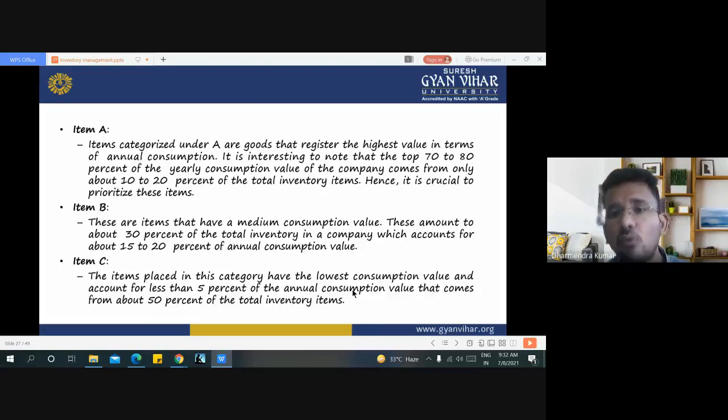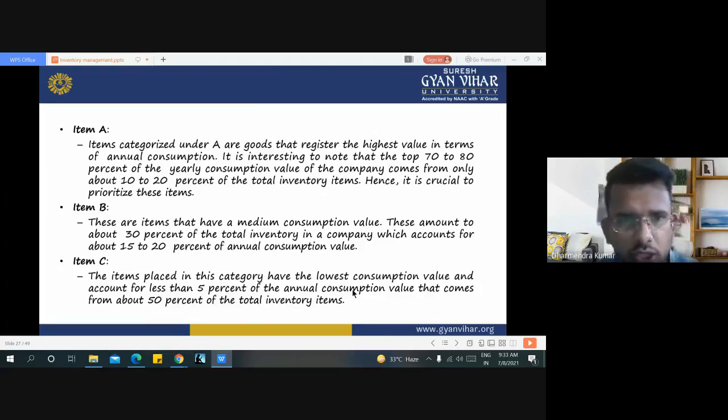It is interesting to know that the top 70 to 80% of the yearly consumption value of the total inventory cost comes from only about 10 to 20% of the total inventory items. If you're talking about the number of items, it is only 10 to 20%, but it accounts for 70 to 80% of total inventory cost.